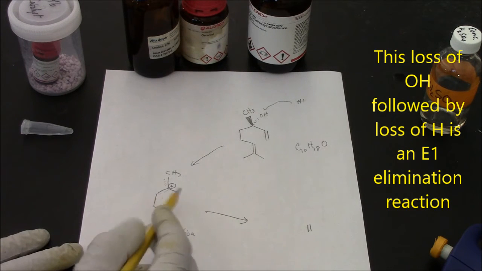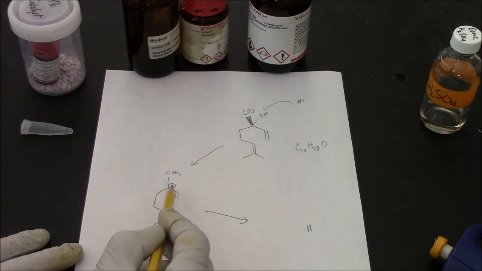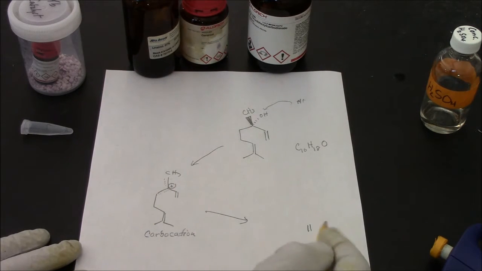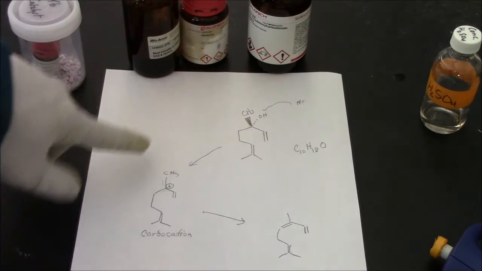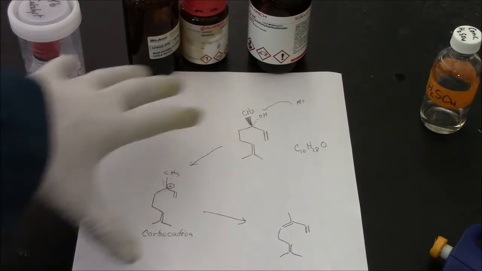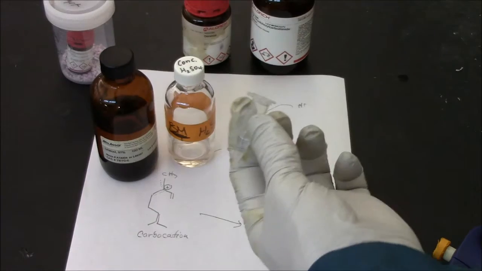You can also get rearrangements of carbon-carbon bonds when you have the carbocation, and things can shift around. So that means there are multiple products that could form here, and that's why this is a much more challenging alcohol to work with, because it will do some sort of reaction when it hits strong acid.